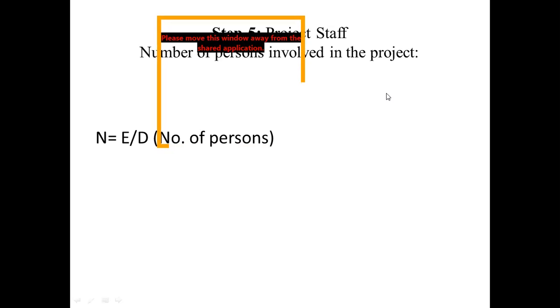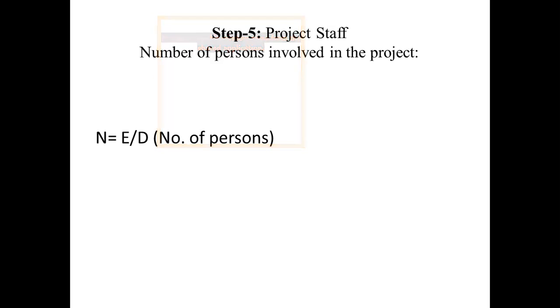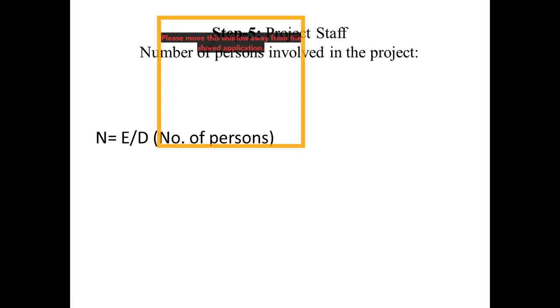Now you can calculate the total number of persons or programmers. But suppose you get a value like 2.21 or 2.68, then you will write approximately equal to 3 programmers. So this is the way to calculate the total effort, the number of programmers required, and the total duration to complete the project.